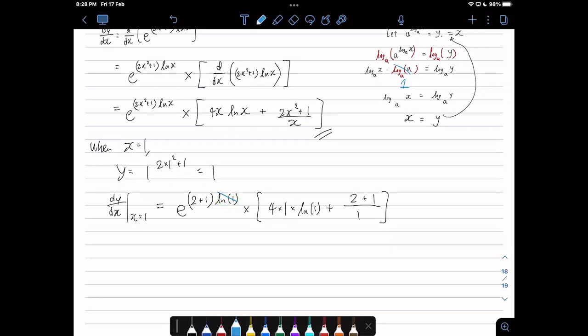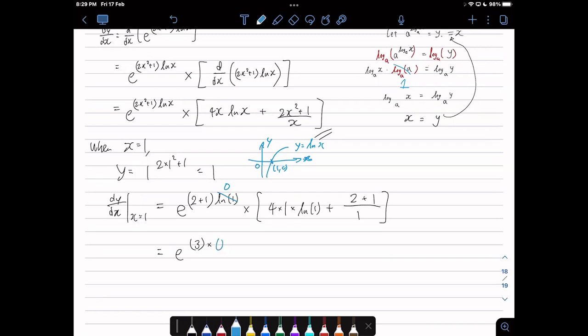What's ln of 1? Zero. Yes, this is (1, 0). Must remember. Okay, so this is 0. Then 2 plus 1 is 3.